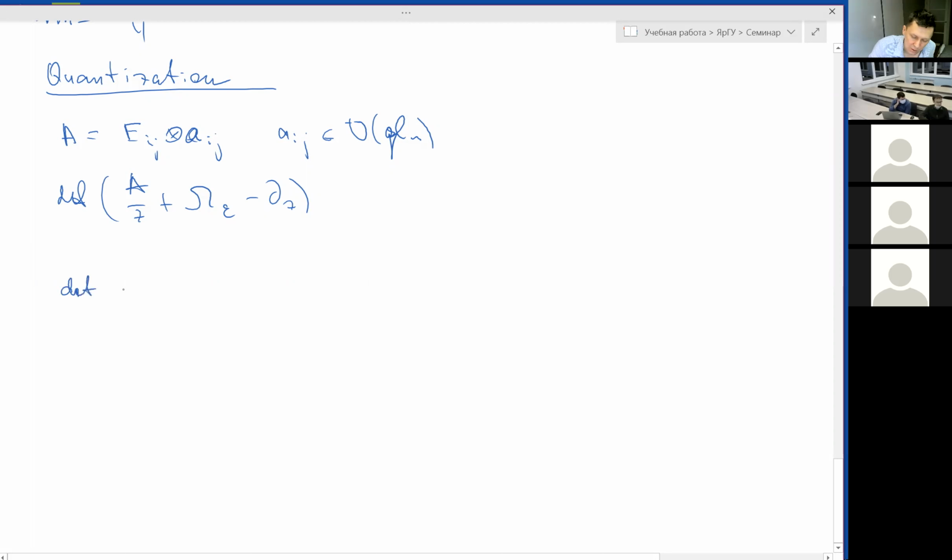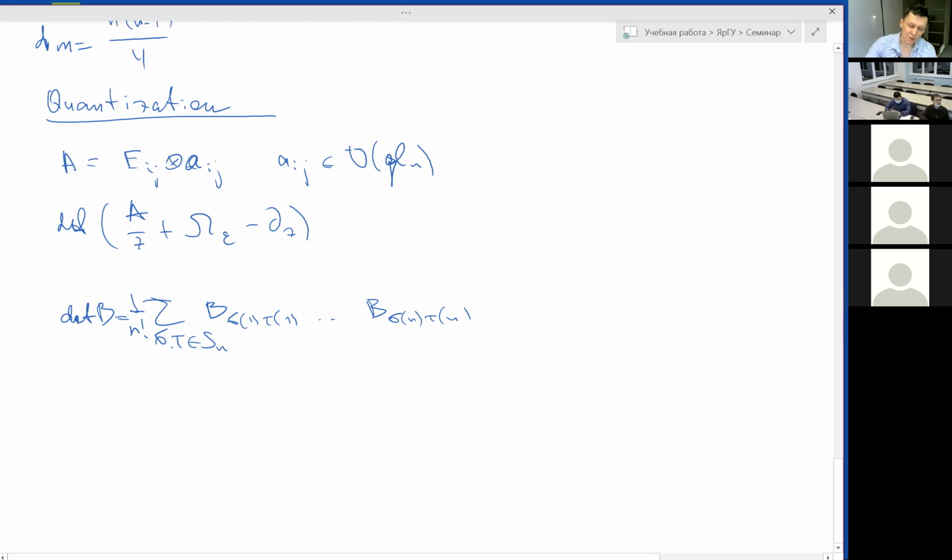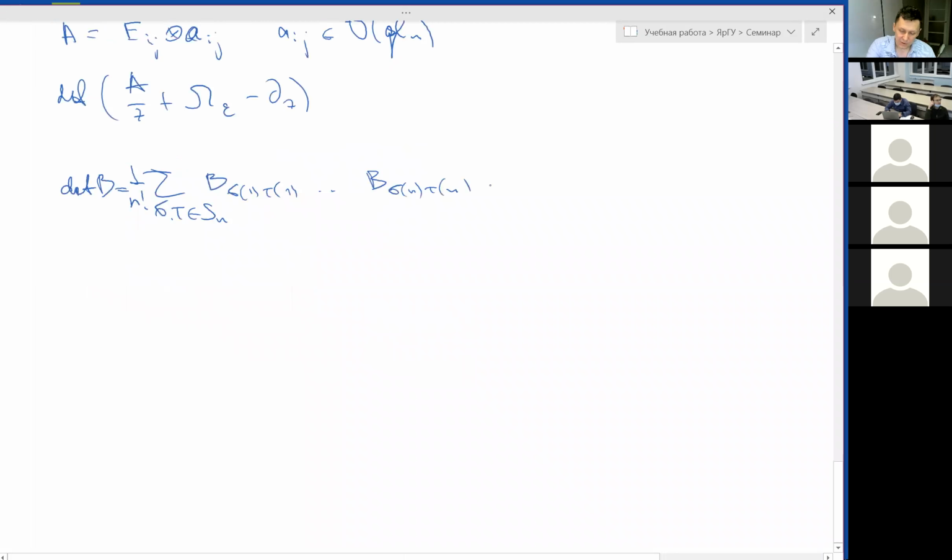It can be calculated, for example, as follows. This is what is called the completely symmetrized non-commutative determinant.